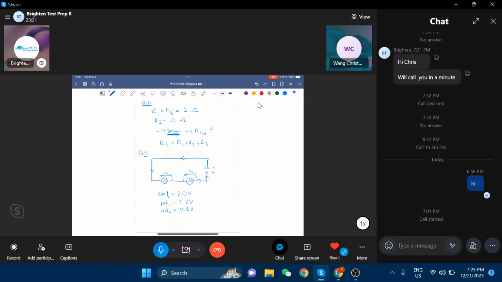Now, the next one is quite an interesting one, a bit more interesting. That is just basically revision of what we said once more. If you have 5 cells with 1.5 volts each, how would you connect them if you want to achieve 7.5 volts, or if you want to achieve 4.5 volts?